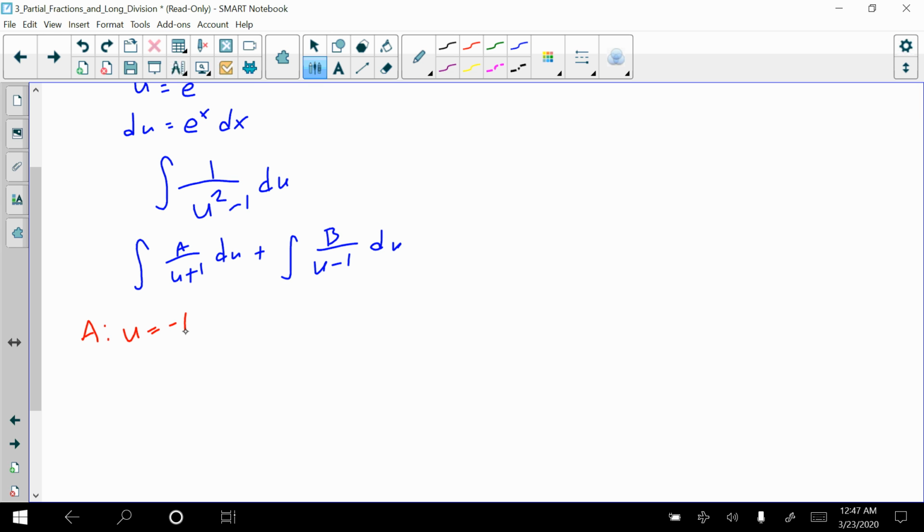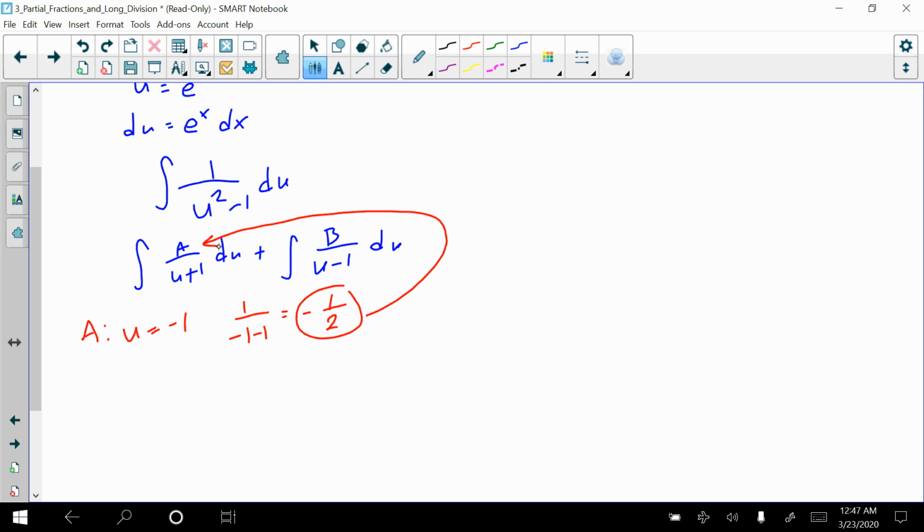The overall numerator of the fraction is just 1, so I'm going to say 1 over, and look at the denominator that's under B, substitute the -1 there, and that'll give me -1 minus 1. So that'll give me -1 over 2. That's going to be the value that I plug in here for A.